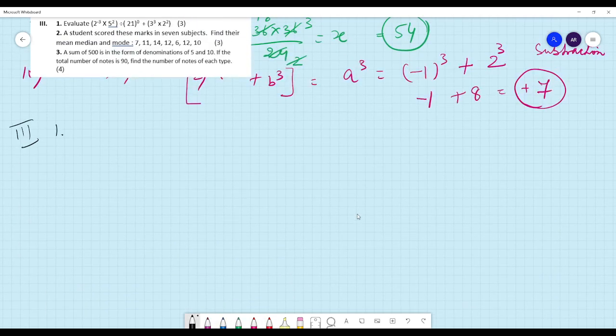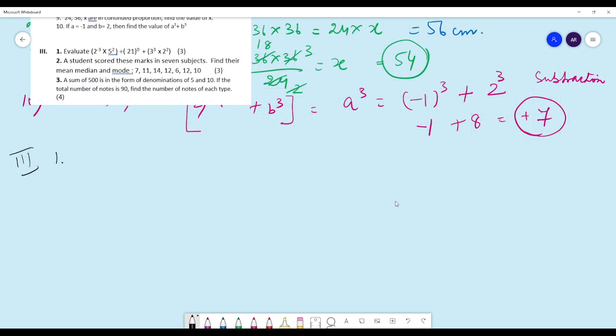Alright. So evaluate. Now let us copy the question first. 2 to the power minus 3 into 5 to the power 2 divided by 21 to the power of 0 plus 3 cube into 2 square.